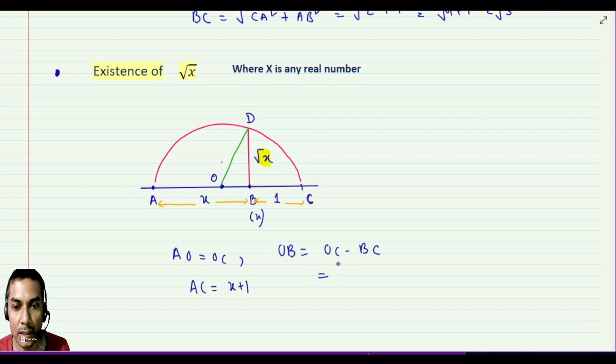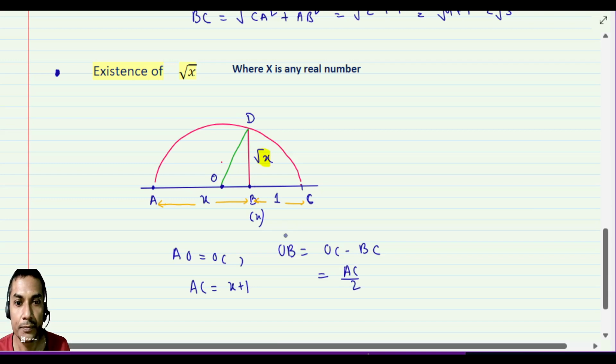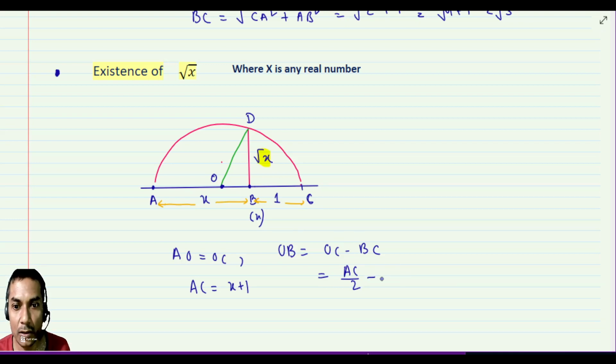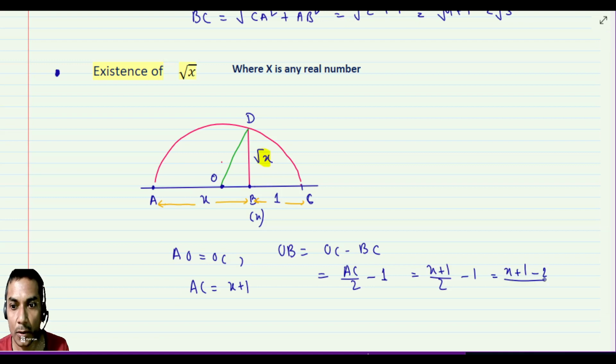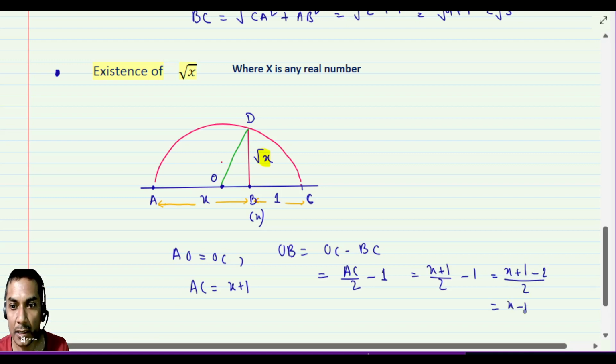So OB is equal to how much? OC minus BC. OC is half of AC, minus BC. BC we already considered, that is 1. So it is (x plus 1) by 2 minus 1, which is (x plus 1 minus 2) by 2, that is (x minus 1) by 2.